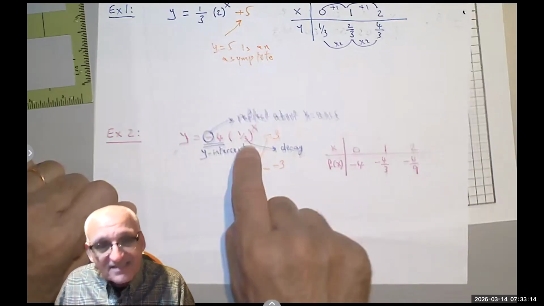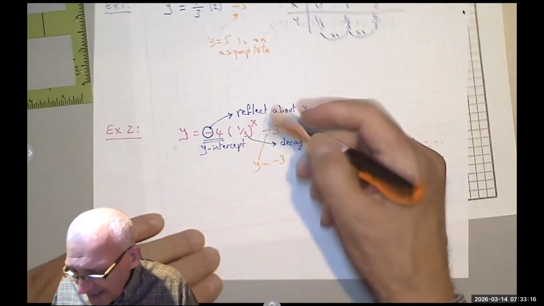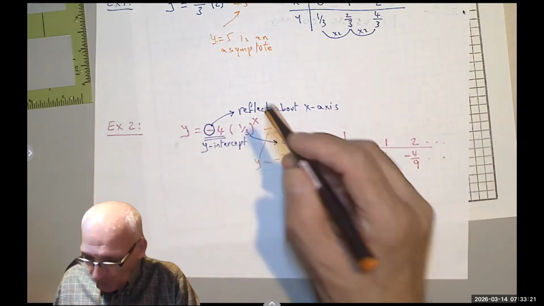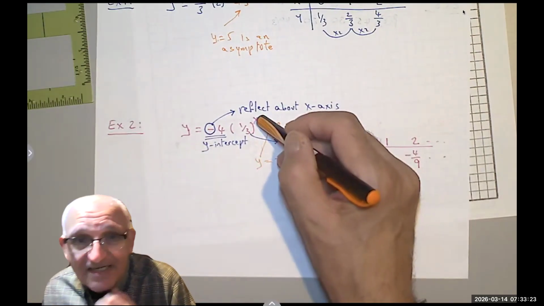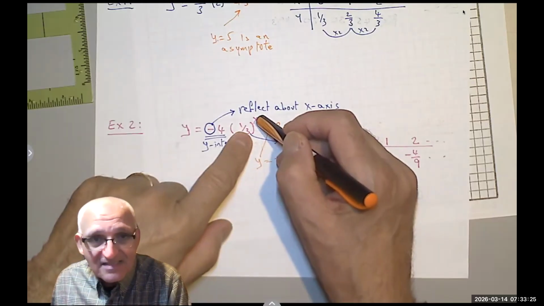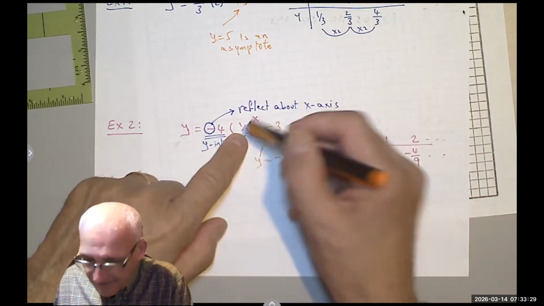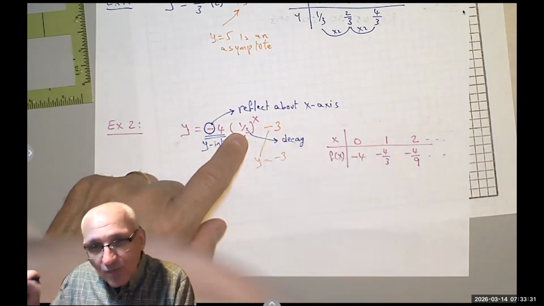Here, because it's a decay, you would say, what would happen if x goes to positive infinity? 1/3 to the infinity, because this number is less than 1. When you keep multiplying it by itself, it's 1/9, which is 0.1111.